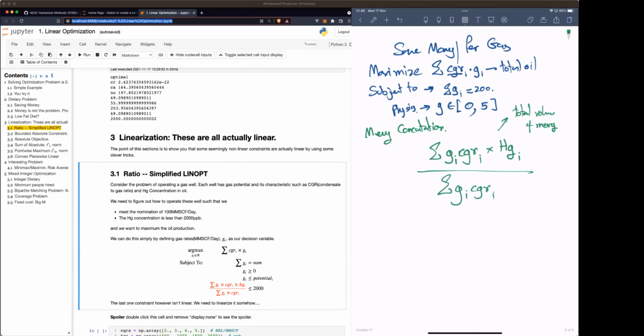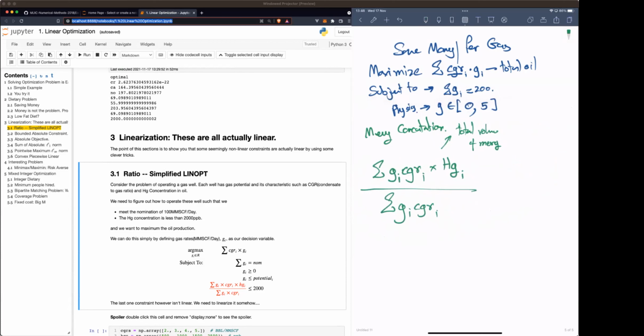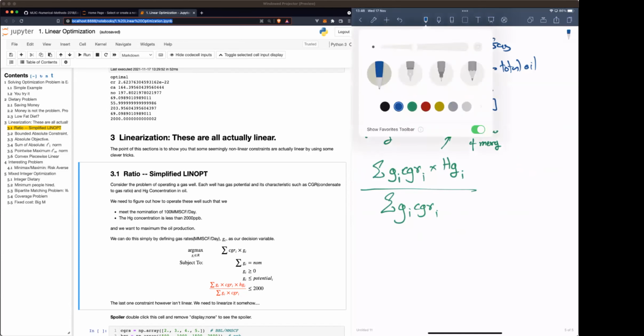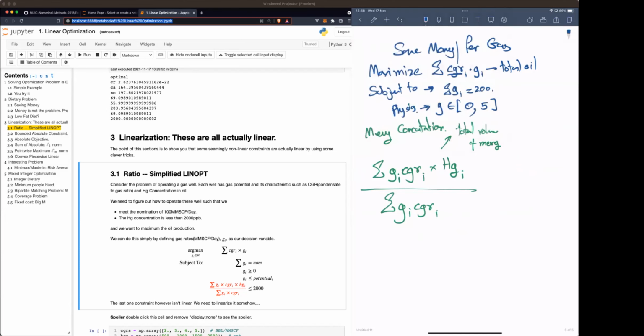Okay. So that's good. Everyone is convinced that this is clearly some sort of ratio, some sort of mercury concentration. You take the amount of mercury that you produce and divide it by the amount of oil that you produce, and you want to make sure that this thing is less than or equal to 2000.